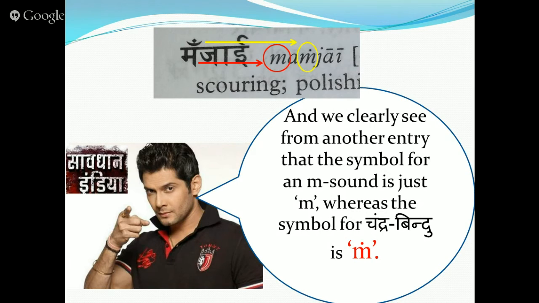So this M with a dot is not an M. It is actually a symbol that the previous vowel is nasalized, the previous vowel being represented by that A. So the M with a dot means the previous vowel is nasalized. That's what the M with the dot means.